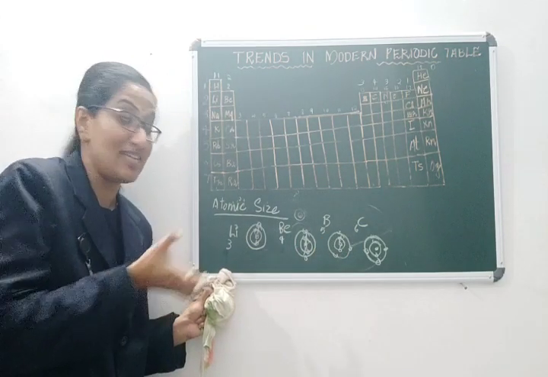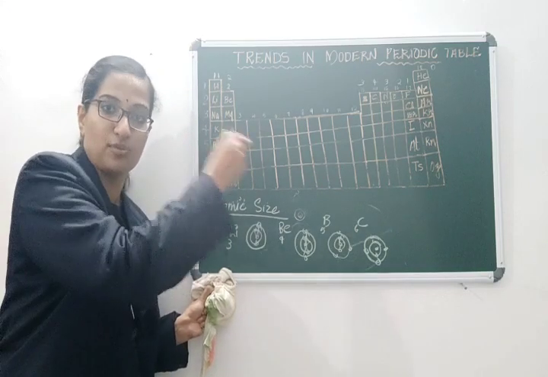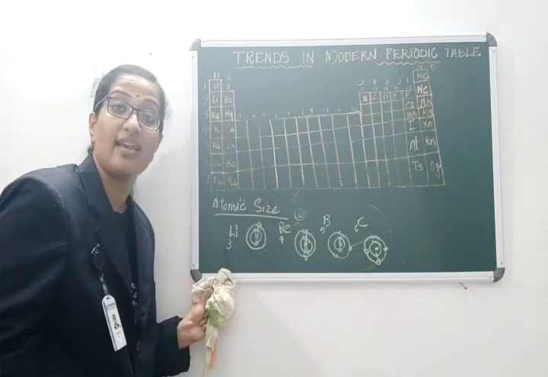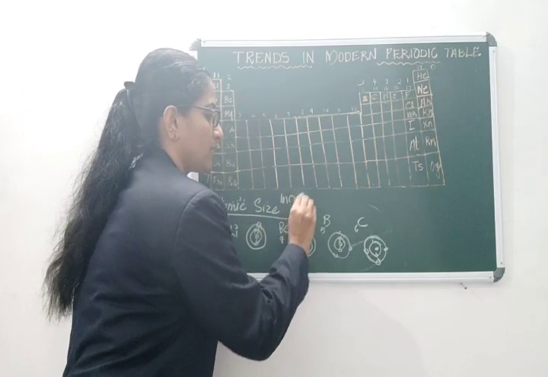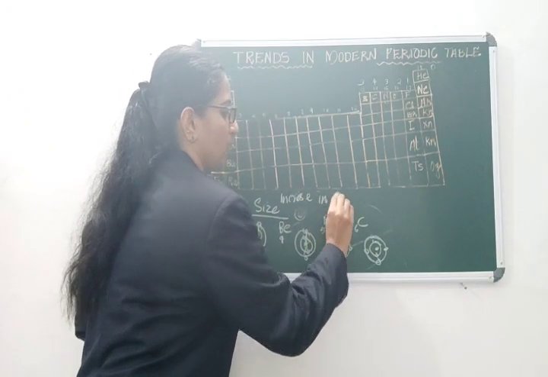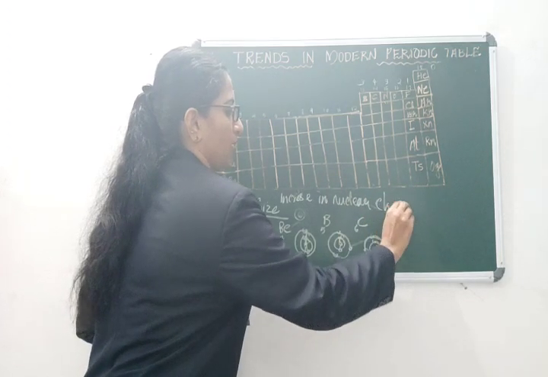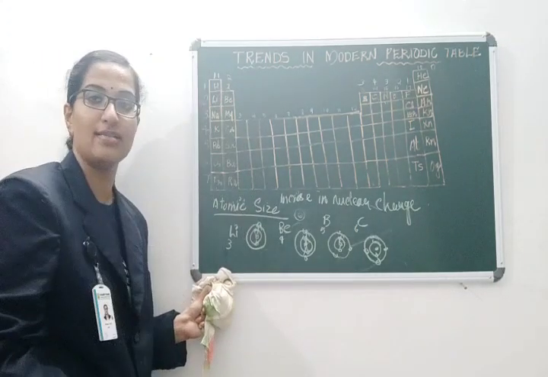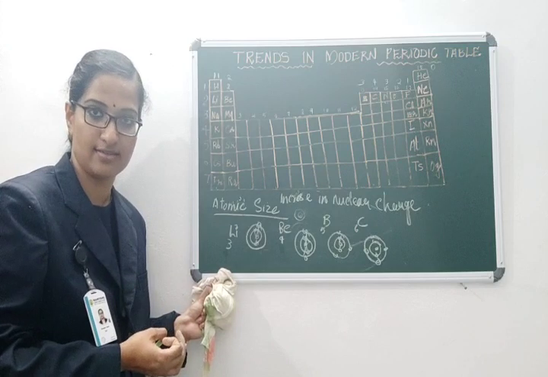As a result, there is a shrinkage in the size of the atom from left to right. So you can say that left to right atomic size decreases due to the increase in nuclear charge. But group wise, atomic size increases because the number of shells increases.